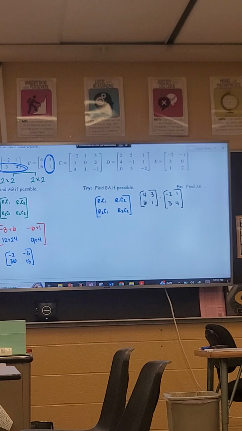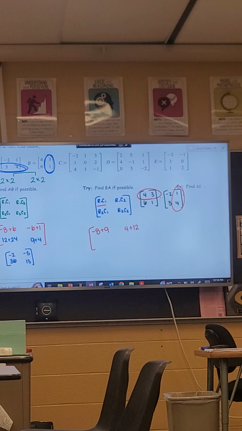So see how this first part is row 1, column 1? You're going to take row 1, column 1, multiply your corresponding pieces. So 4 and -2 is -8, and then 9. How do you know what pieces correspond with each other? Whatever comes first. Okay. So then we've got row 1, column 2.